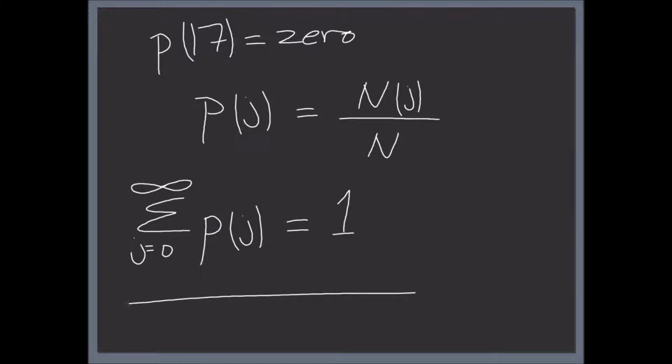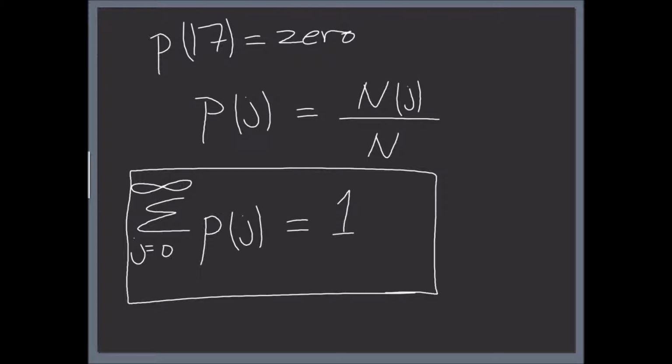You should get 1. We call this normalization. It's very important. It's gonna show up in a lot of problems. I'm gonna refer to it as normalization, which means I sum all the probabilities together, I should get 1.